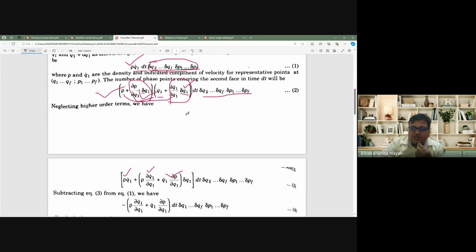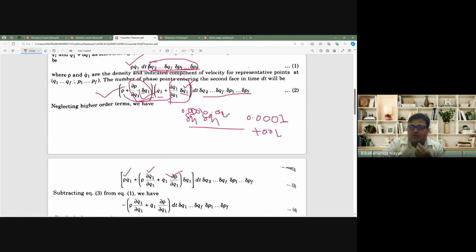Delta q1 is very small, and delta q1 times delta q1 is much smaller than that. Suppose it is 0.01 and again 0.01. When we multiply, it will be much smaller, so we can neglect this term when we add it. Not actually zero, I am just saying.